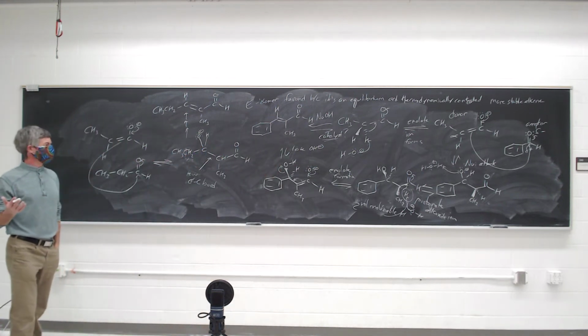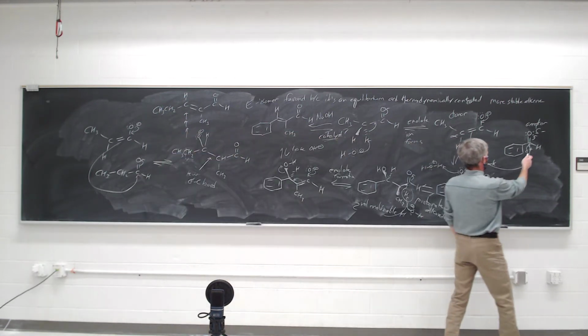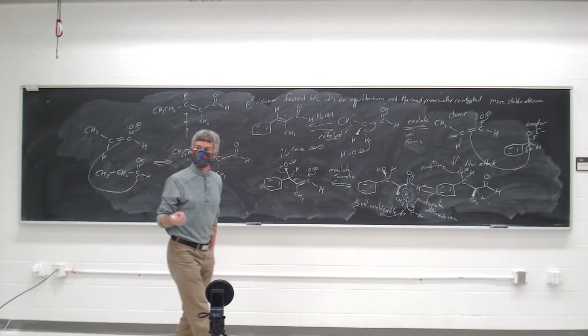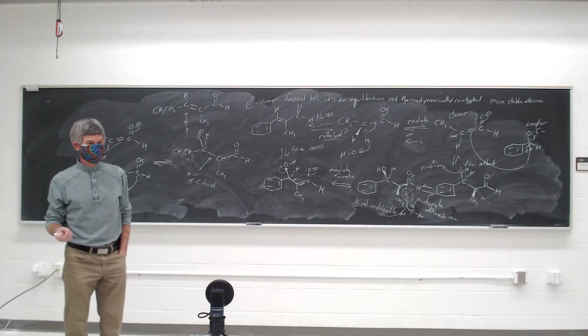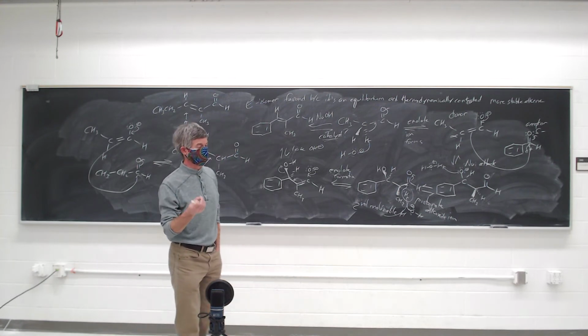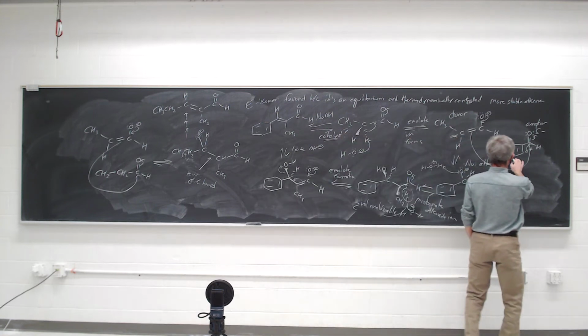In some cases, what you'll see is you'll see a carbonyl group that is a better acceptor. So if your donor molecule were a ketone, right, because you've got electron donating groups on both sides, that carbonyl group is more stable. And so the aldehyde is a better acceptor than the ketone.